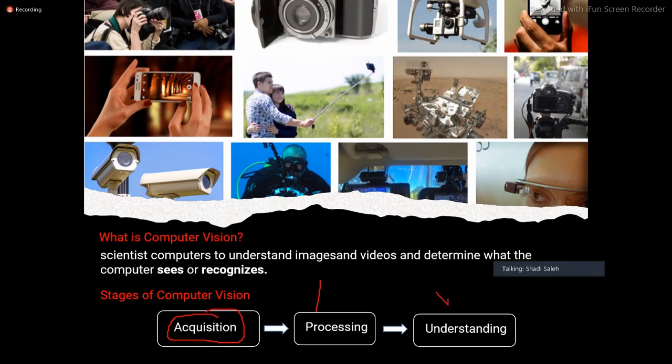This is a step about understanding. Well, after processing, we get some picture. Then we have to make this picture more understandable, more useful. So this is in general. We try to cover all these stages in computer vision.